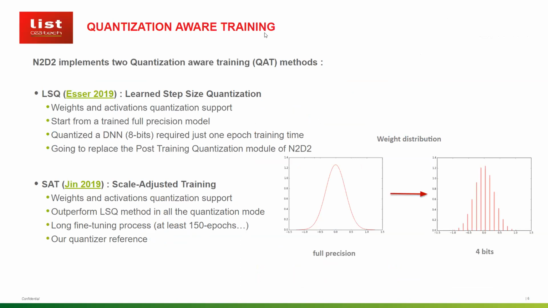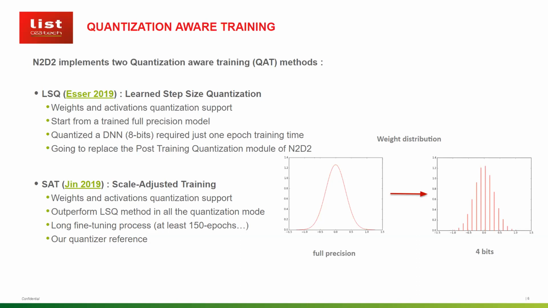Now I will stop a bit on the quantization discussion because those modules are actually the latest ones we developed in our team, and those are the modules which interest our partners a lot. The first one is quantization-aware training, which is presented here. In N2D2, we implemented two different methods, which are state-of-the-art methods and give us the best performance results.